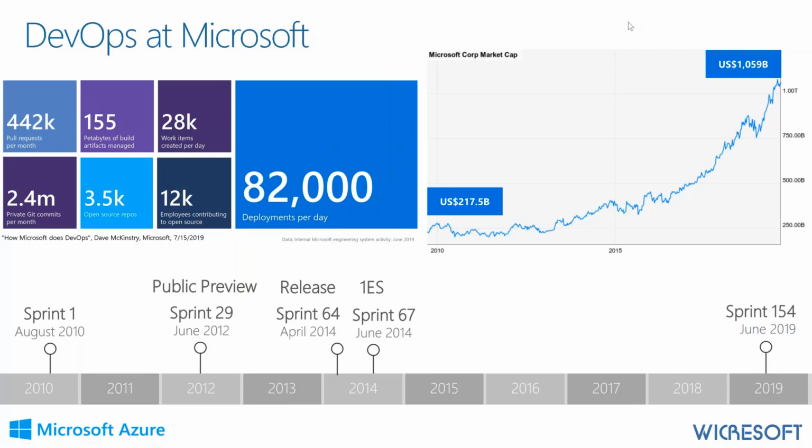It's not the only change in the organization that led to this, but the outcome in terms of value creation in market cap is pretty outstanding: from 217 billion on August 21st, 2009 to over $1 trillion in value right now. You can see that we are now in sprint 154 in June 2019, with 82,000 deployments per day. This is all public information, by the way, and there's a lot of great background from Microsoft on how they accomplished this.